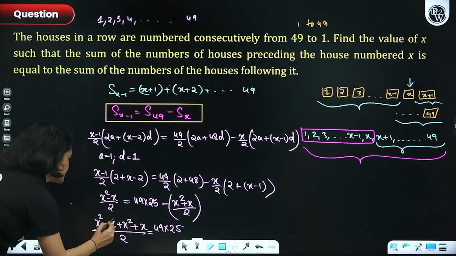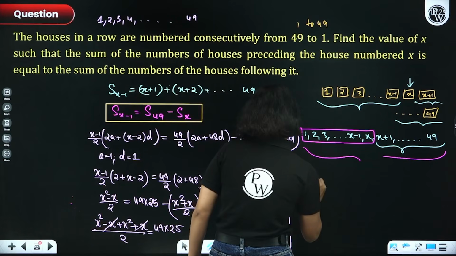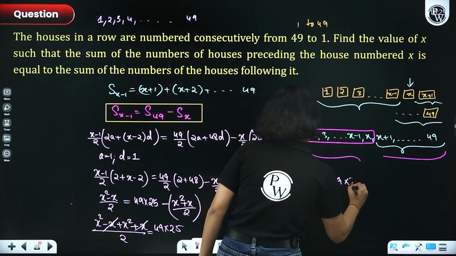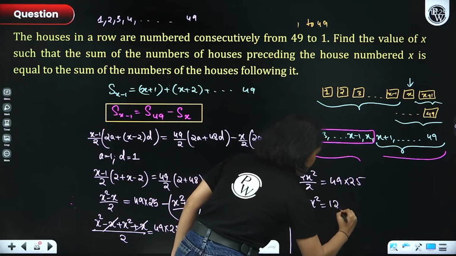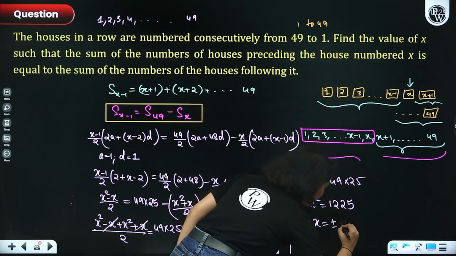Okay, so minus x and plus x are gone. So we'll have 2x square over 2 is equal to 49 into 25. From here we can say that x square is equal to 1225. So x is equal to plus minus 35.